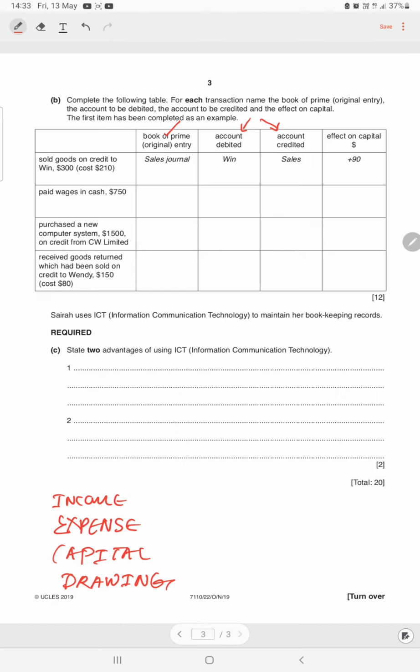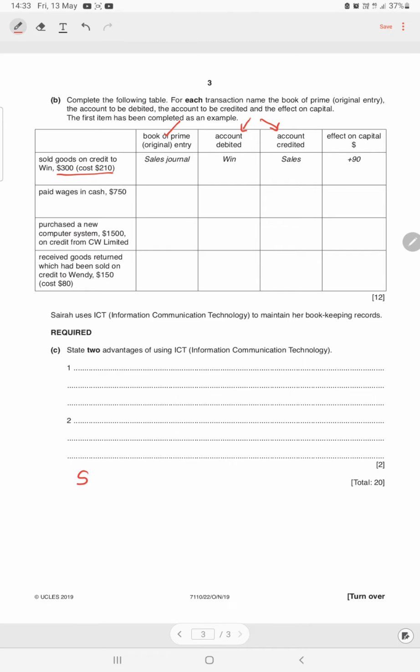So if you look at the first transaction, let's go through it now. We have sold goods on credit to Win, $300, costing $210. So you sold, which is an income. So definitely there's going to be an effect on capital. You sold goods for $300 and it cost you, which means your expense of obtaining these goods was $210.